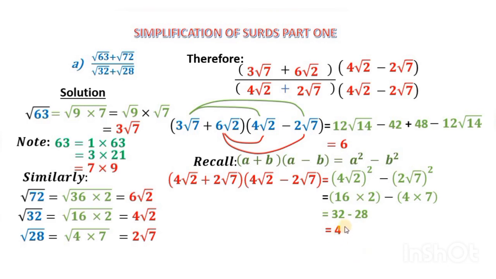Now 4 is the result for the denominator. Now taking the numerator dividing by the denominator, that is 6 over 4, we are going to have finally the answer as 1.5 or 3 over 2, or better still 1 and 1 over 2. And that is part A.